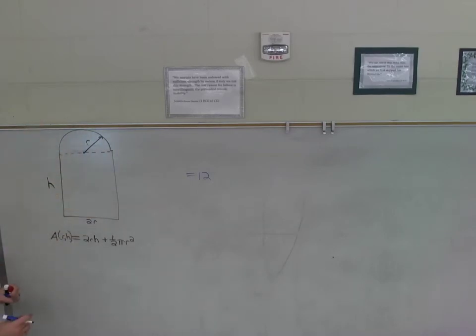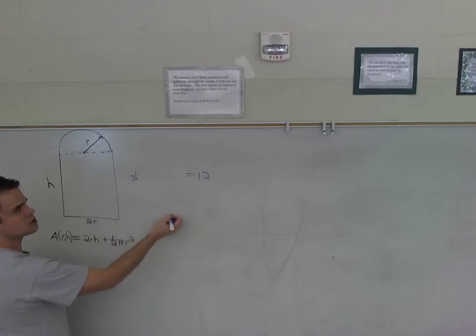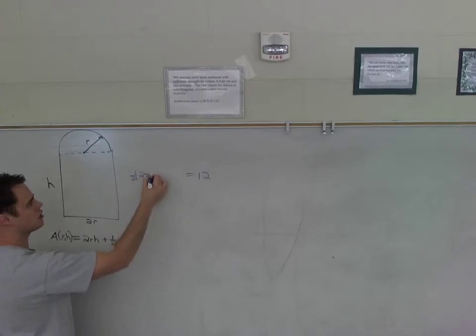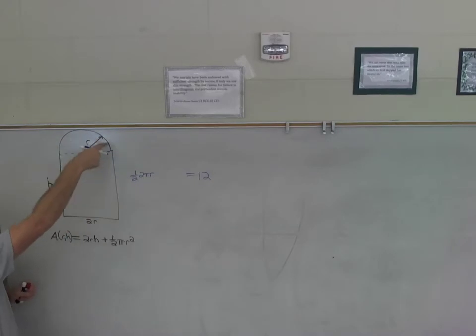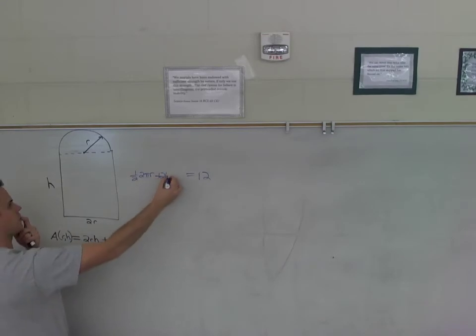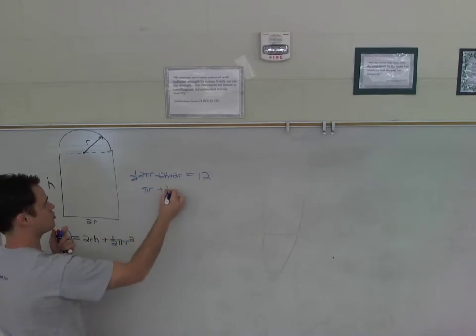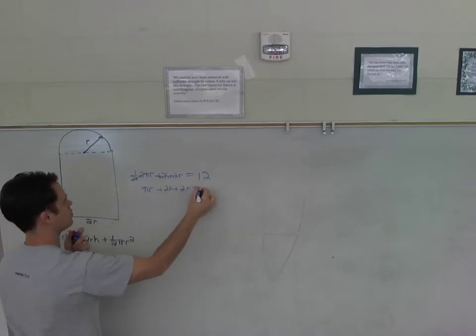It's just half the circumference of the circle plus the 3 sides of the rectangle. Circumference is 2 pi r, so half is pi r. So pi r plus 2h, 2r. Okay. So pi r plus 2h plus 2r equals 12.